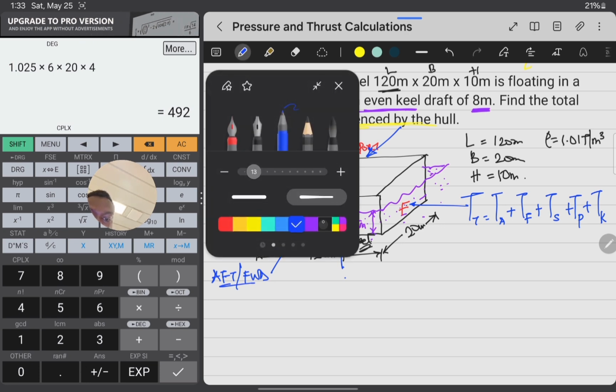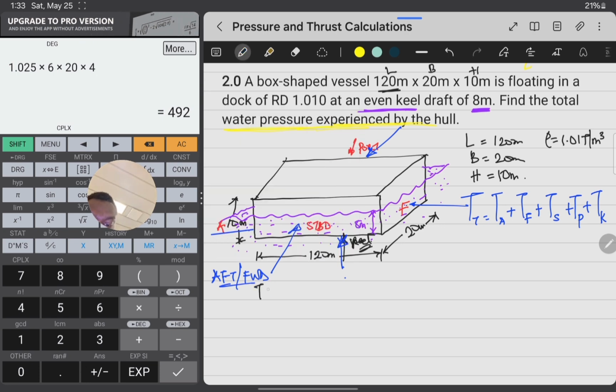Okay, so we can say here that thrust will be P times A. P is rho D and then times A. Then rho is 1.01 times, what's the depth of water surface to the centroid? Because this time around, this is the forward, and here we have the aft.